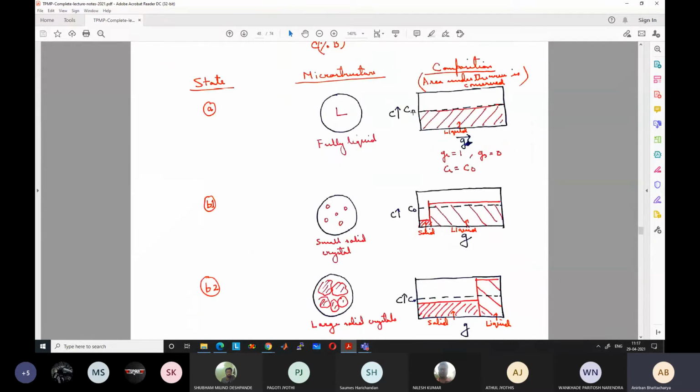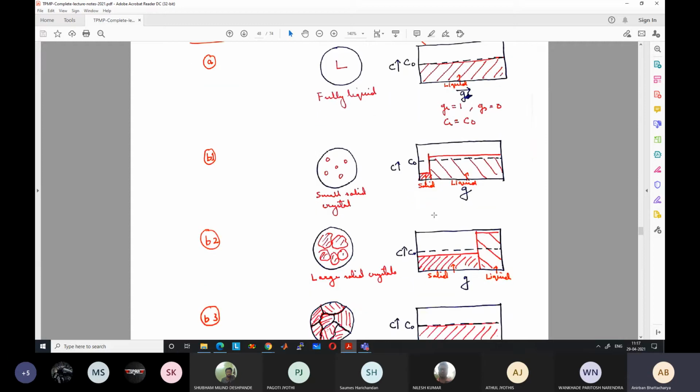Initially, there was liquid of C0 concentration, and the first solid forms like this. Then the next solid forms. If it was infinite time for the Lever rule, the solid has the same concentration. If it is not infinite time, and if we follow Scheil's rule, the solid will not have the same concentration.